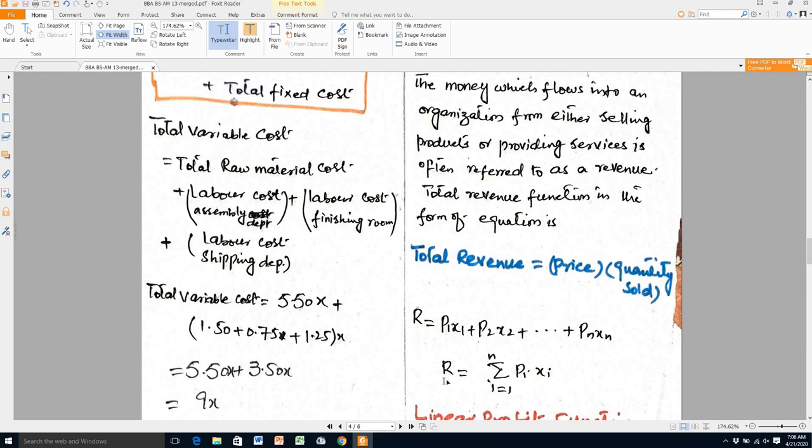In summation form, it is written as R is equal to the summation of pi xi, with i running from 1 to n.